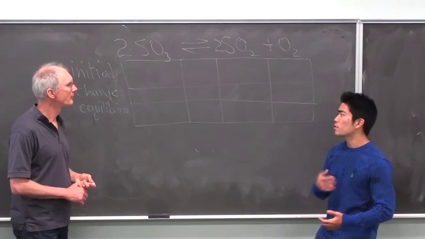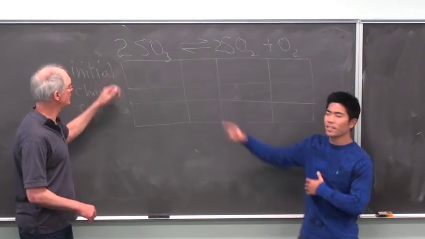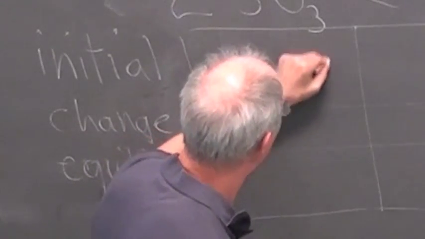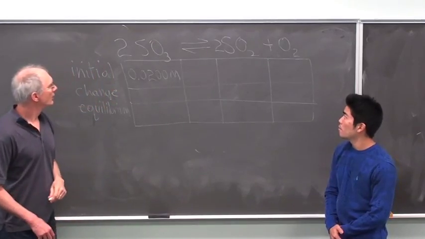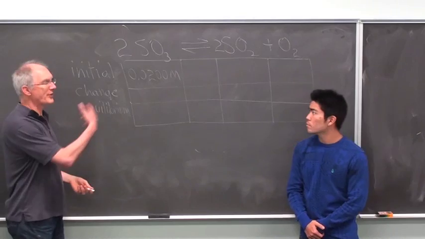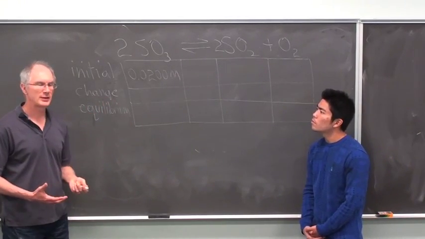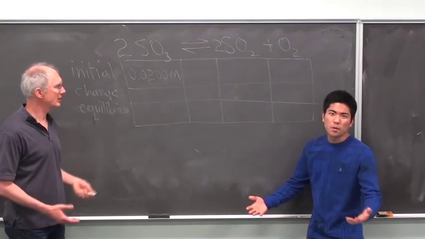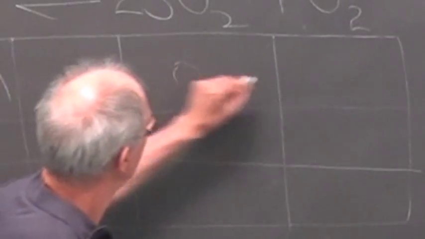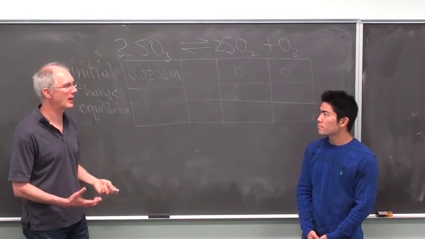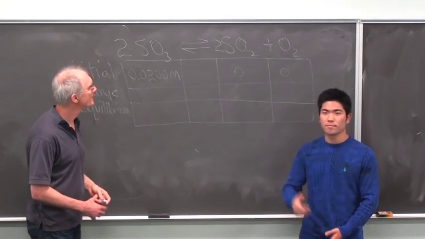That means we're starting with it, initially: 0.0200 molar. If I don't say anything about the other things in this equation, they're probably starting off at 0. If I say I fill the flask with this, and I don't mention anything else, that's what's in the flask.